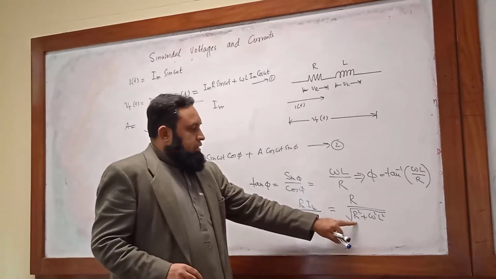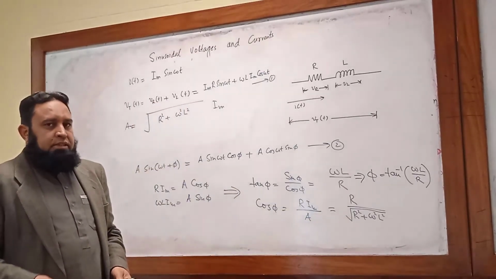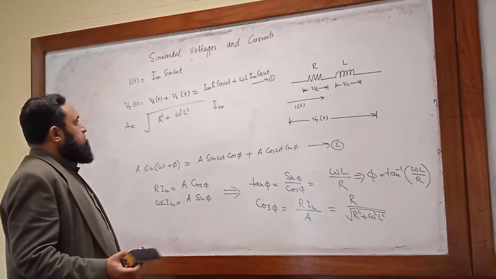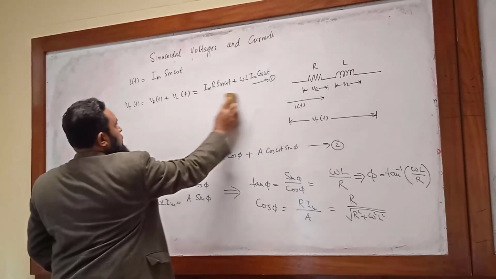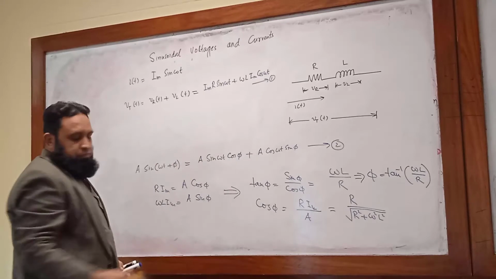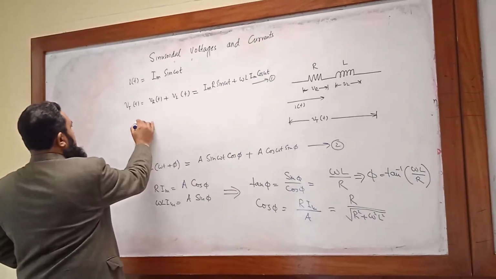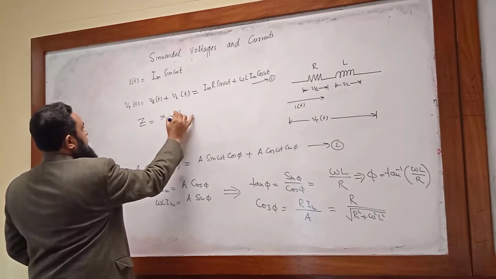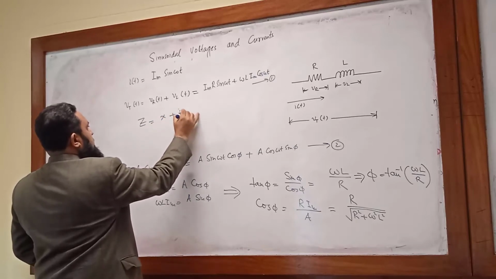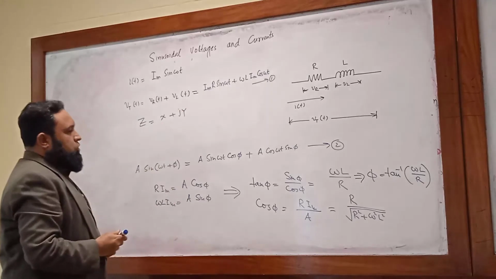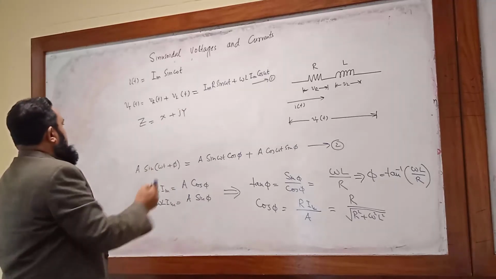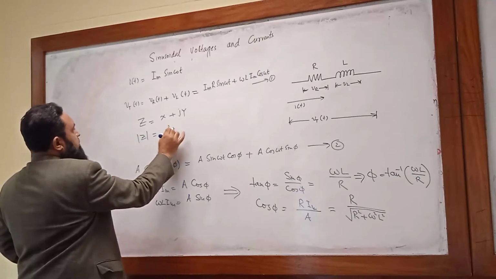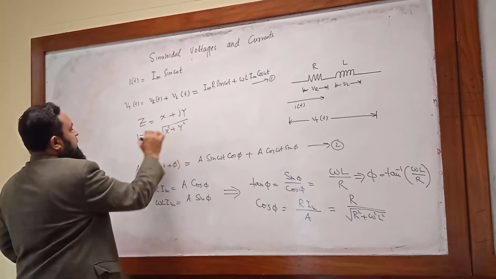And just recall the complex representation of a circuit. A complex number Z is equal to x plus j times y. If you compute the amplitude, you will have the square root of x square plus y square.